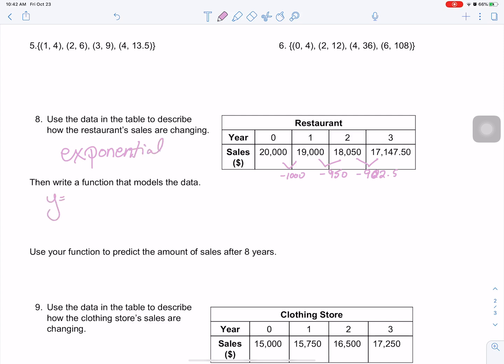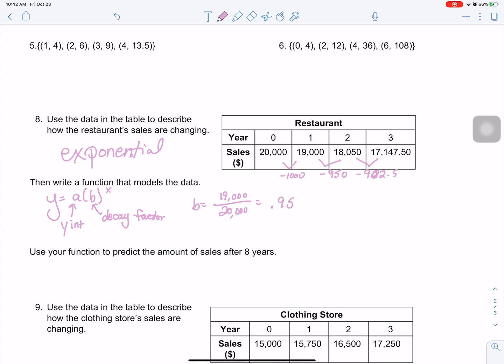Remember, it's y equals a times b to the power of x. A is my y-intercept. And in this case, b is going to be my decay rate or decay factor. So to find b, I'm going to do 19,000 divided by 20,000. And I got 0.95.